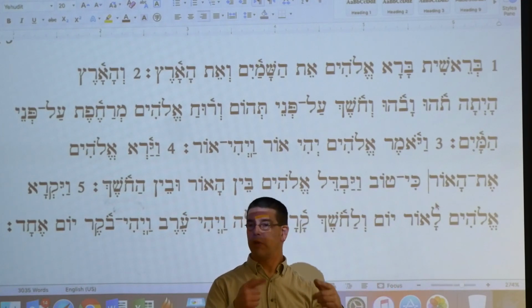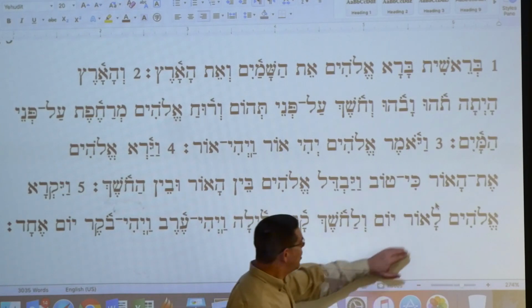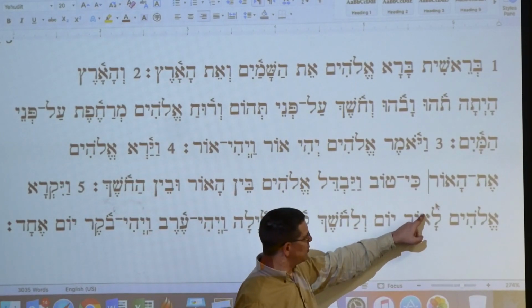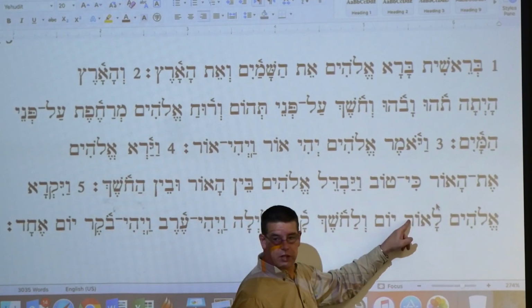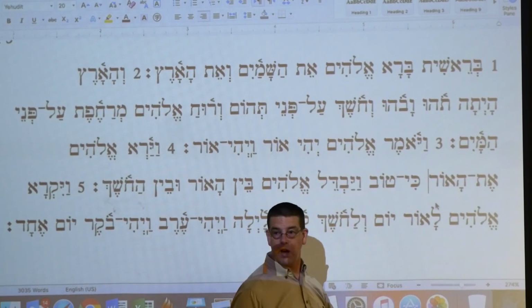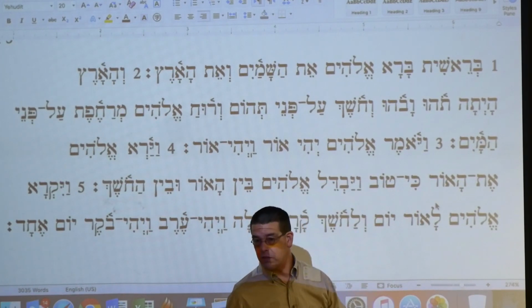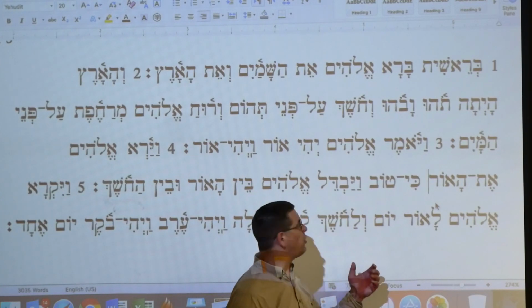So when they come in and put in the dots, they're only going to put in what they need to hear the sounds. So where are you going to put the dot? You're going to put it between the aleph and the resh where you hear it. And you might as well put it over the top of the vav that represents its presence. Okay, so you hear la or. And then yom, yom.